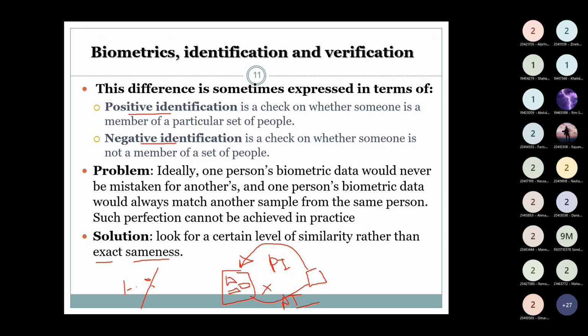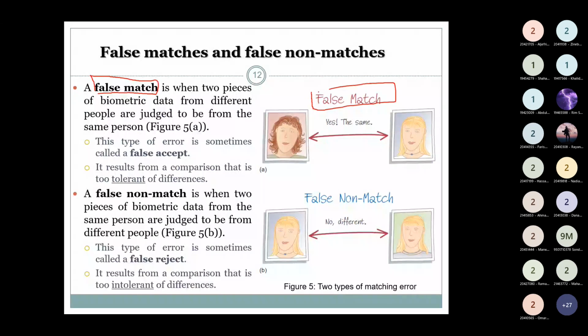A false match is when two pieces of biometric data from different people are judged to be from the same person. This person is identified as this one, but it is not true because it is a different person. So this is called a false match. This type of error is sometimes called a false accept. So this person will be accepted while it is not allowed.